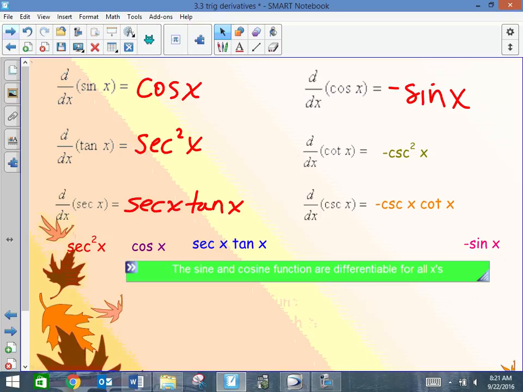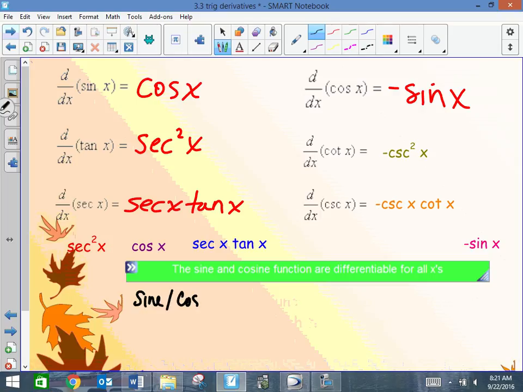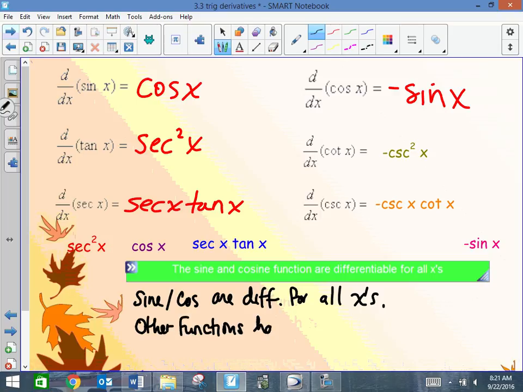Okay, on this, remember, sine and cosine functions are differentiable for all x's. I don't know if you can read that. Let's just write it. Sine, cosine functions are differentiable for all x's. The other functions have limits.